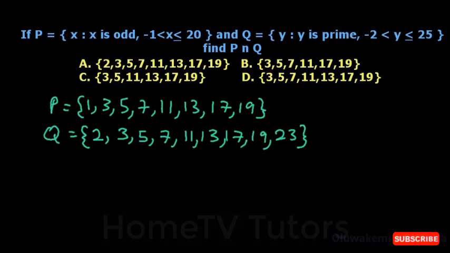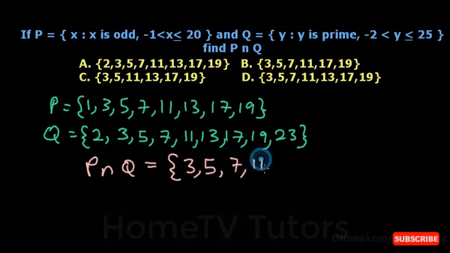So now we're talking of P intersect Q. Okay, so we'll look for the common. We have 3 is common, 5 is common, 7 is common, 11, 13 is common, 17 is common, 19 is common, and that's all.